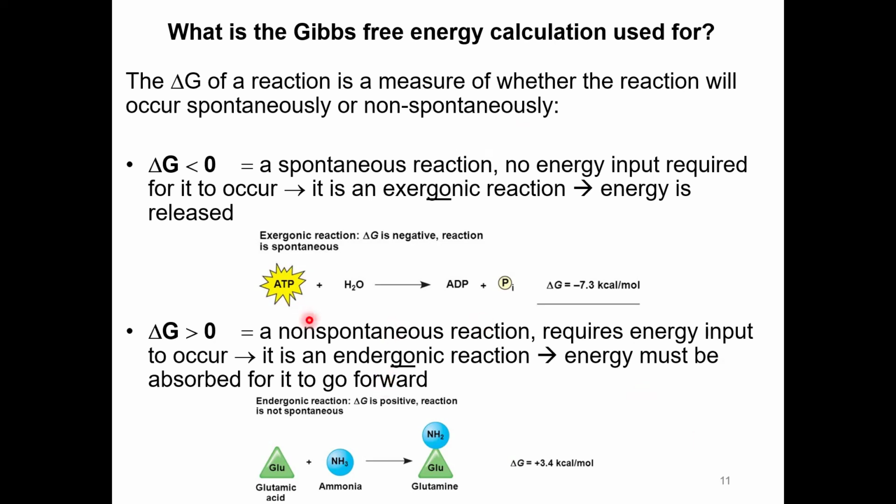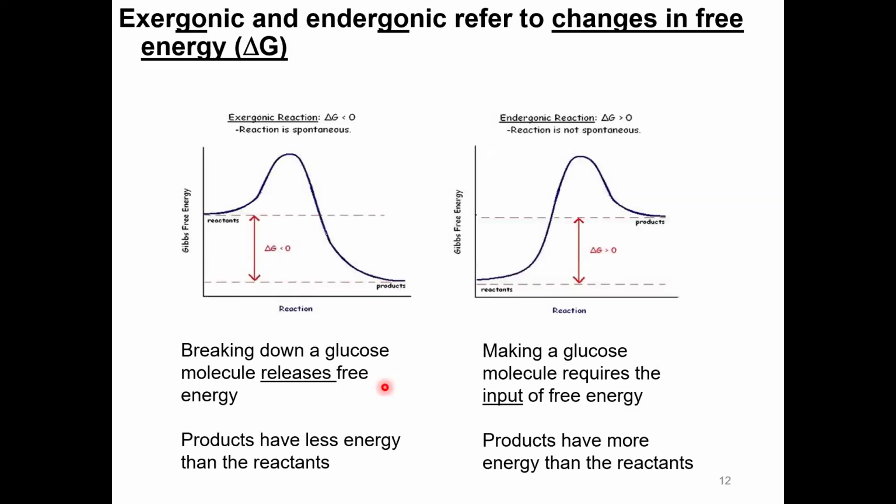So negative delta G: spontaneous, exergonic, energy released. If delta G is positive, it's a non-spontaneous reaction that needs energy and it's endergonic, and we need to absorb energy for it to occur properly.